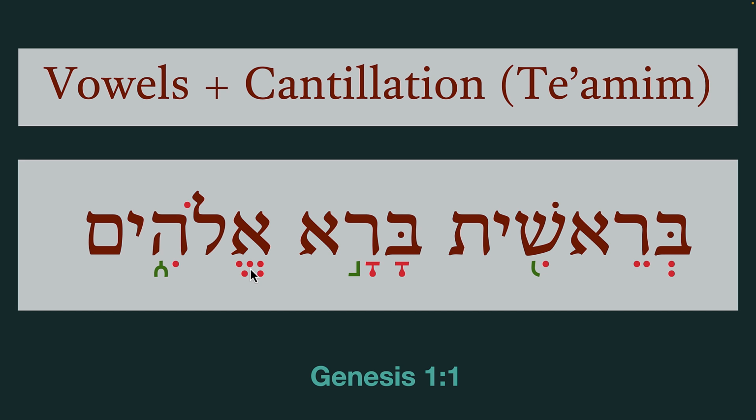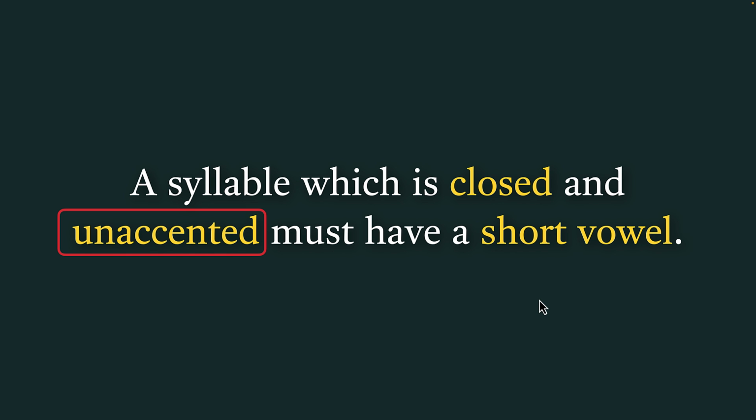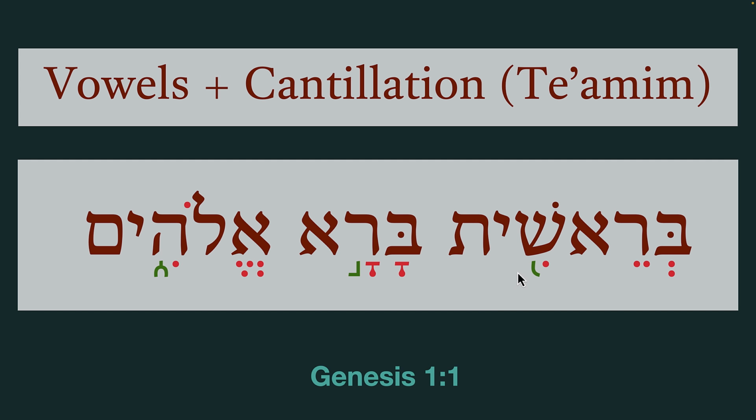The red dots are vowels, and the green ones are called cantillation or te'amim, and they are used for various purposes, including stress and the accent. Unaccented means the syllable that lacks the accent.